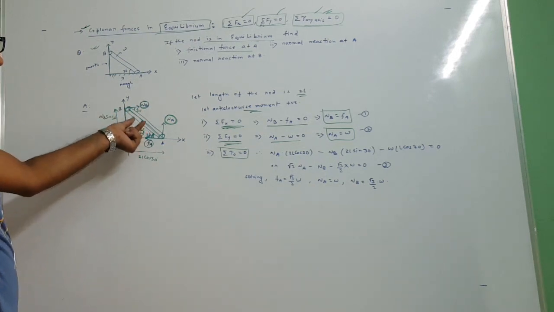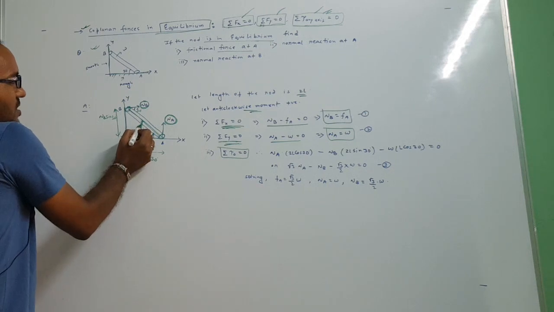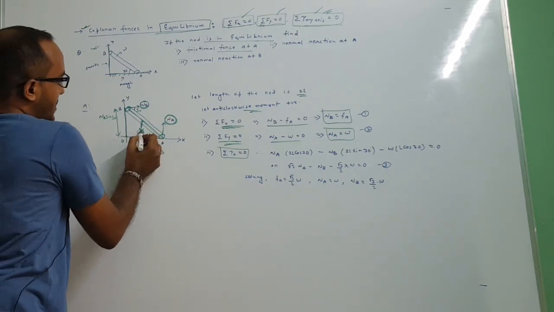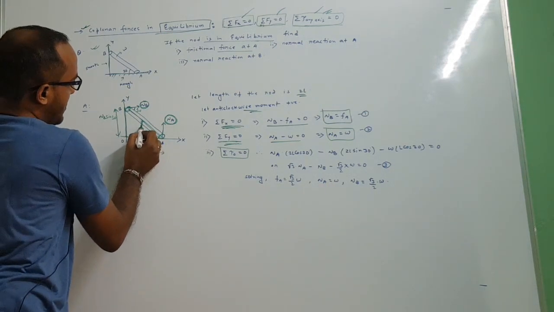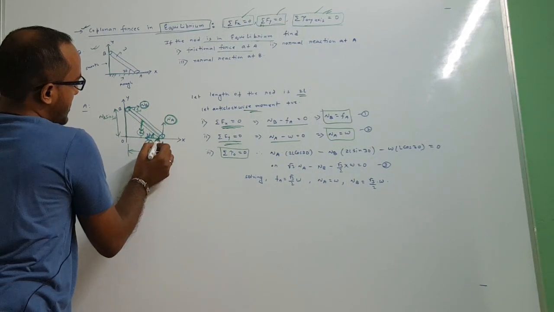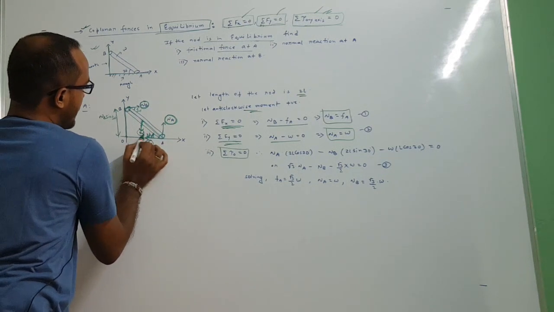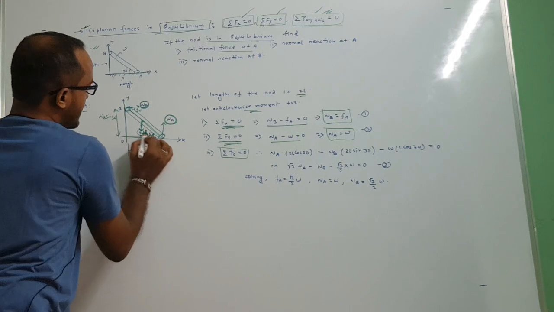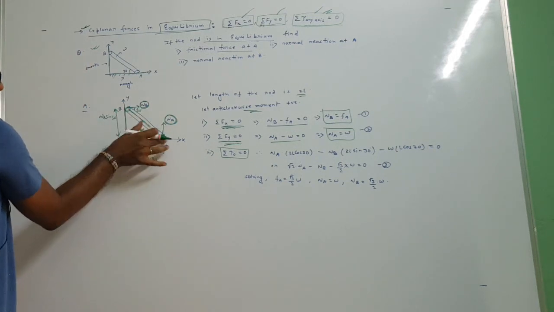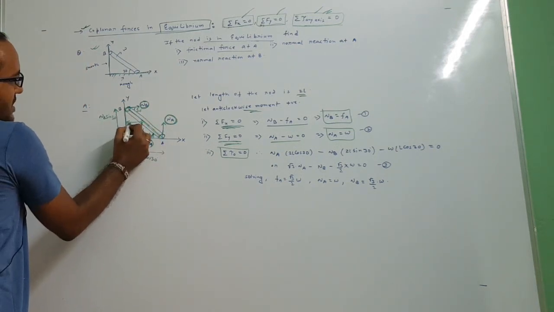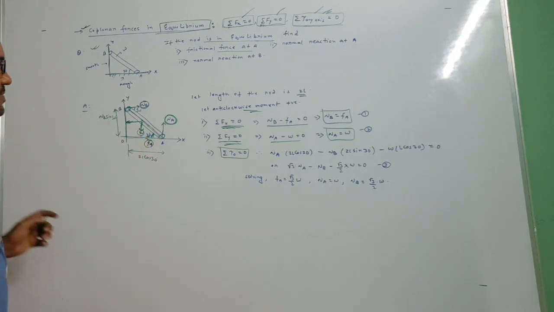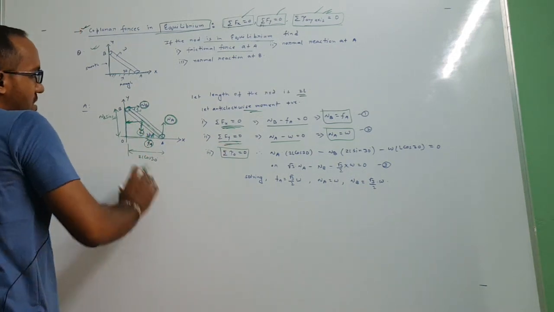Now we need another component, that is W. If this is 90 degree, this is W, and we need this length, the total length is 12, that means this length would be L cos 30.